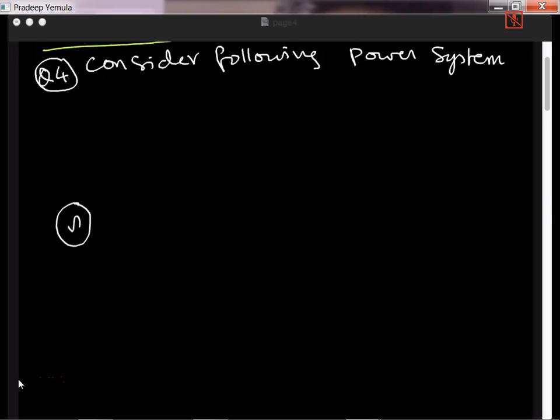By the way, before I go ahead, this is example 10.7 from Grainger and Stevenson. If you go to this power system analysis textbook by Grainger and Stevenson, I am doing example 10.7.